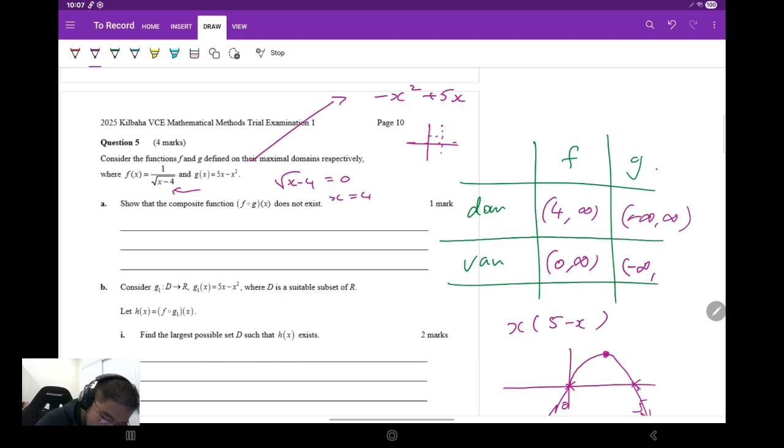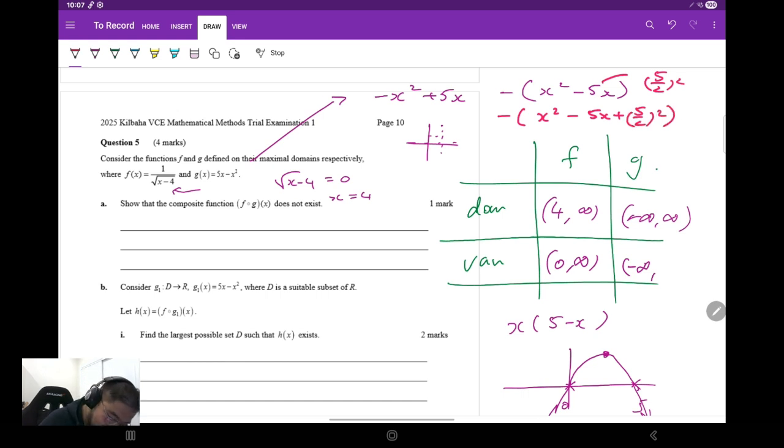Completing the square, that becomes negative, x squared minus 5x plus 25 on 4, because we've got to take the 5, halve it, and then square it, so 5 on 2 squared.